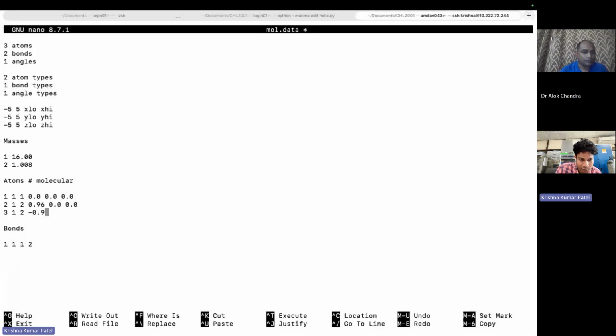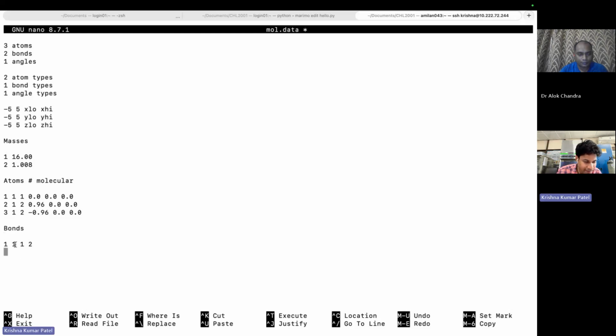Hmm, well, that will be too much. I think the bond length is going to be very long then. We can just reduce it to 4.8 probably. No, wait. It has to be 0.96 because there is oxygen in the middle. 0.96 and 0.96. Yep, this looks good.